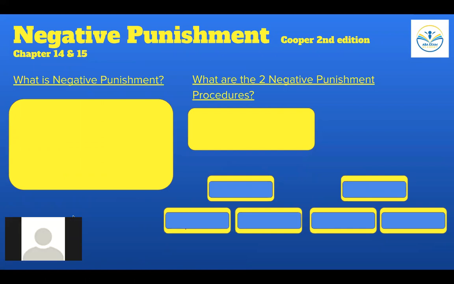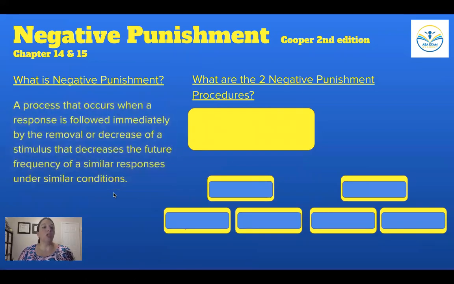You remove this. Removal. Perfect. So it is a process that occurs when a response is followed immediately by the removal or decrease, that's important too, of a stimulus that decreases the future frequency of a similar response under similar conditions.